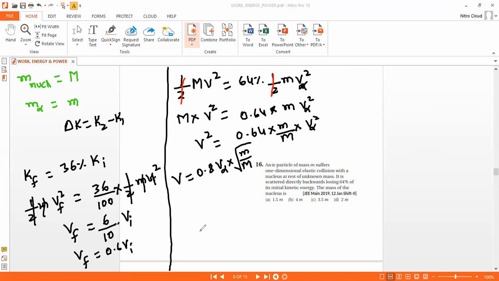By conservation of momentum, the momentum of the alpha particle initially, with the nucleus at rest, is equal to the momentum of the alpha particle and the momentum of the nucleus after the collision.